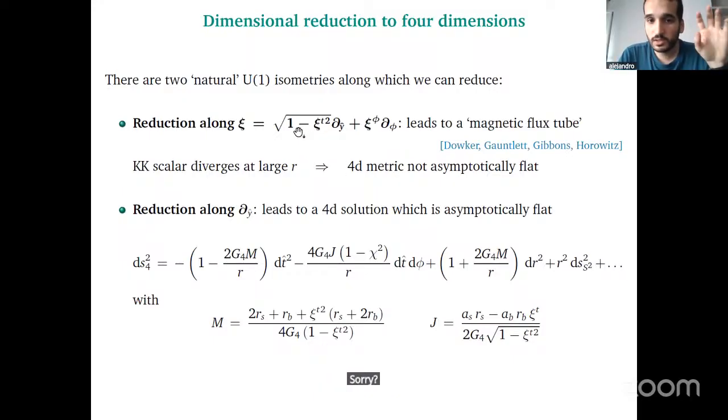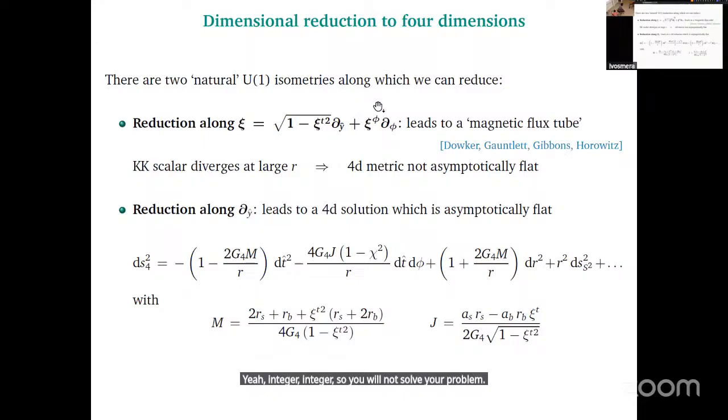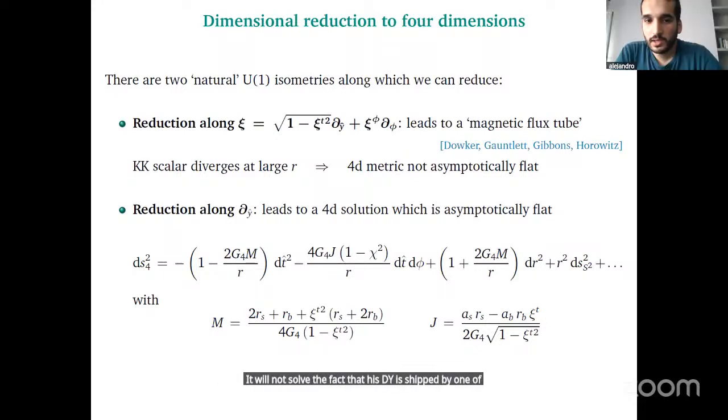It's an integer shift, so it will not solve your problem of 1 over q. What do you mean integer? You can shift dy by n d phi. Sure, but it will not solve the fact that dy is shifted by 1 over q. I know that it's not exactly the same.